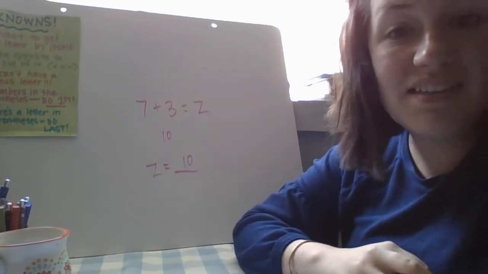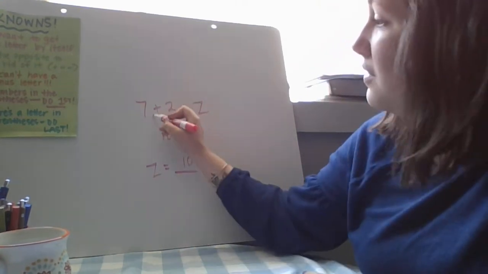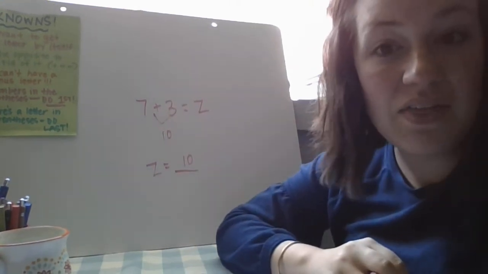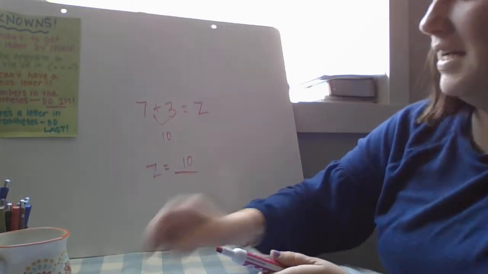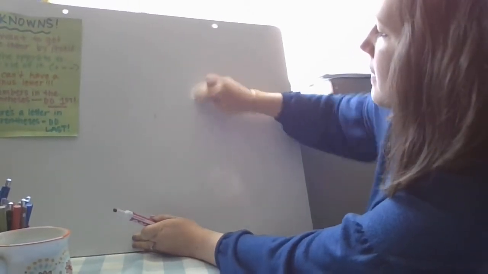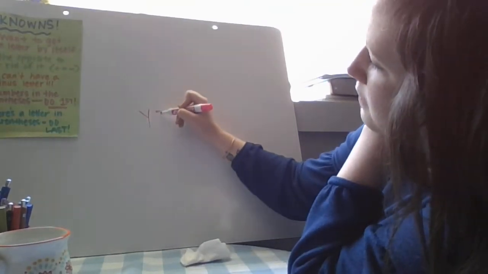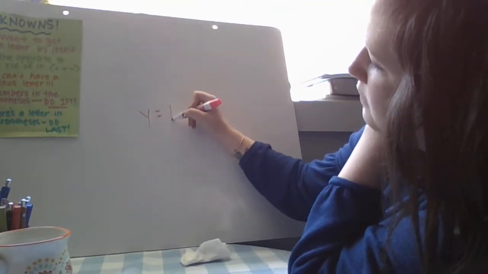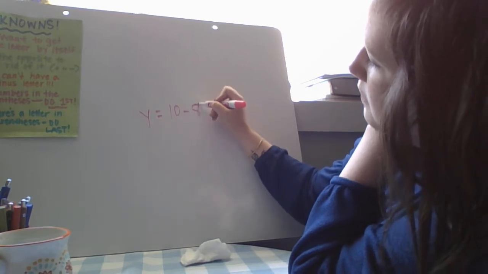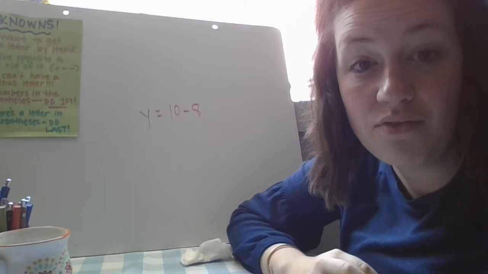Whenever you already see that z all by itself or that letter all by itself, you don't have to do any changes. All you need to do is figure out what those two are together. Let's try another one of those. So we want to get the letter all by itself on one side.